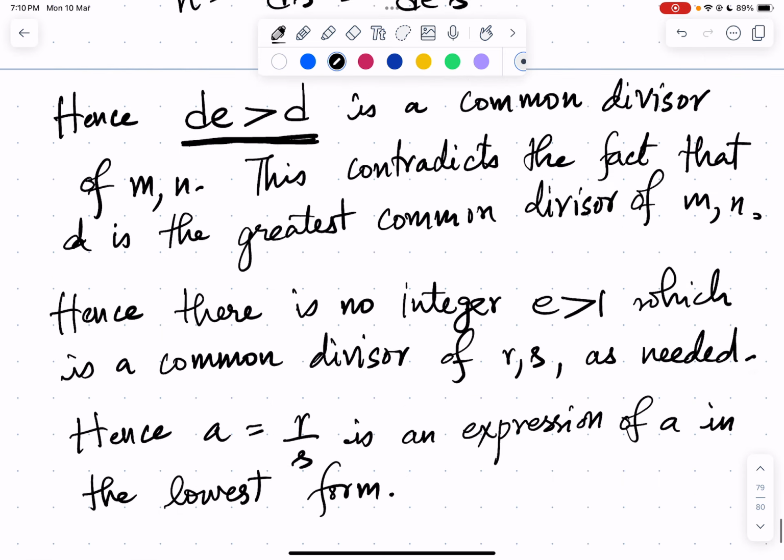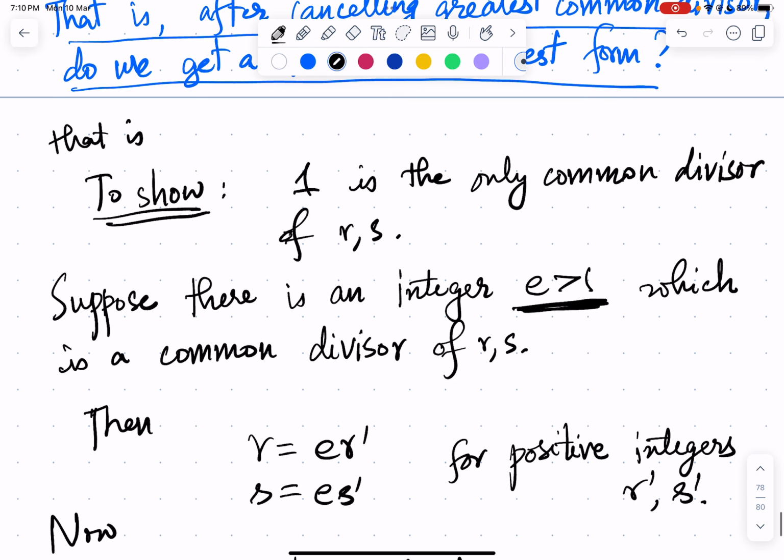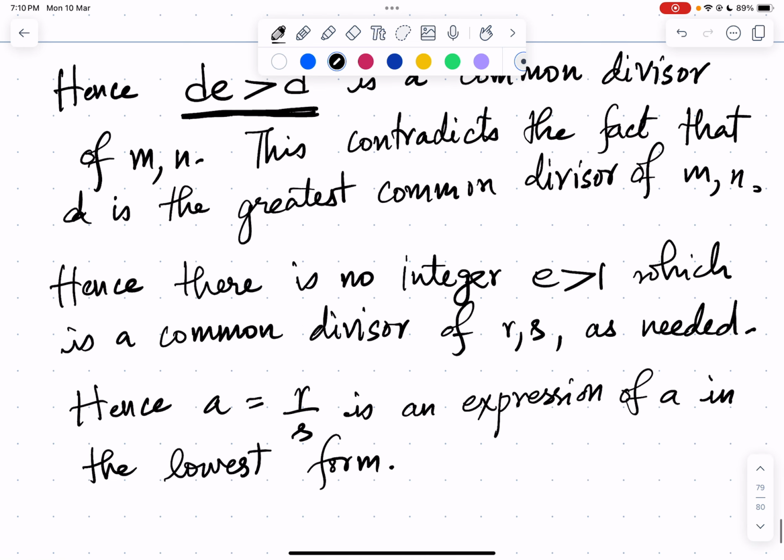Hence there is no integer e greater than 1 which is a common divisor of r and s, as needed. Hence a equals r by s is an expression of a in the lowest form. After cancelling the greatest common divisor from numerator and denominator, we get a fraction in lowest form.